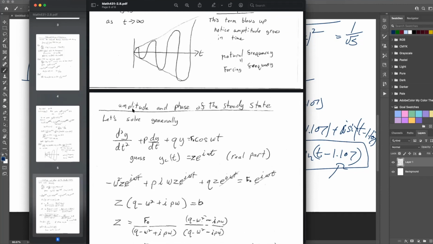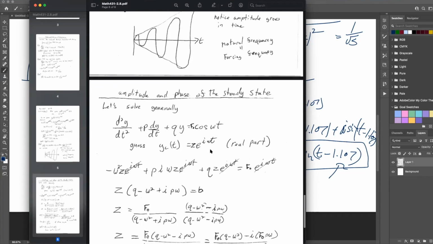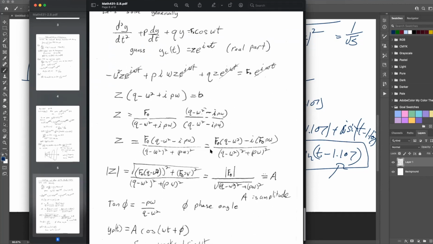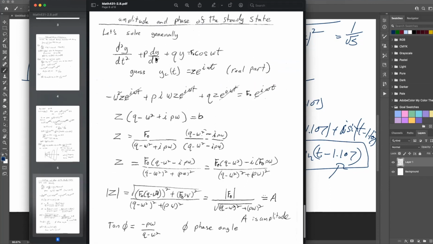But this is all I'm going to force you guys to care about: amplitude, phase, and steady state. So generally, I work through all this. Your book does not do this. I work through all this mess. So given your Q, P, and an F naught and omega t, I worked it through generally, because you can do this generally.